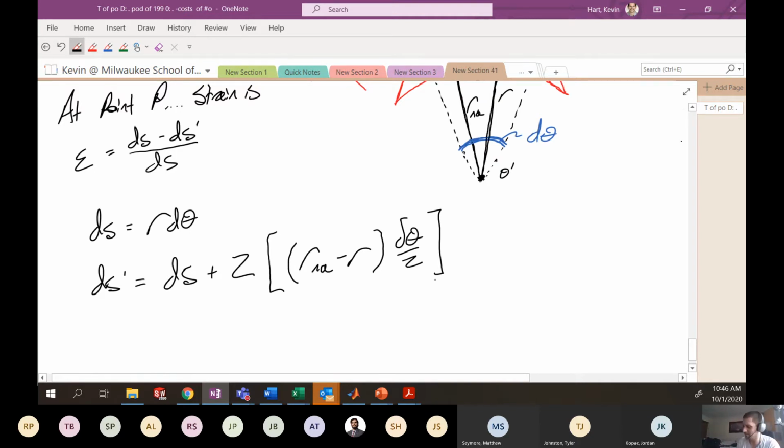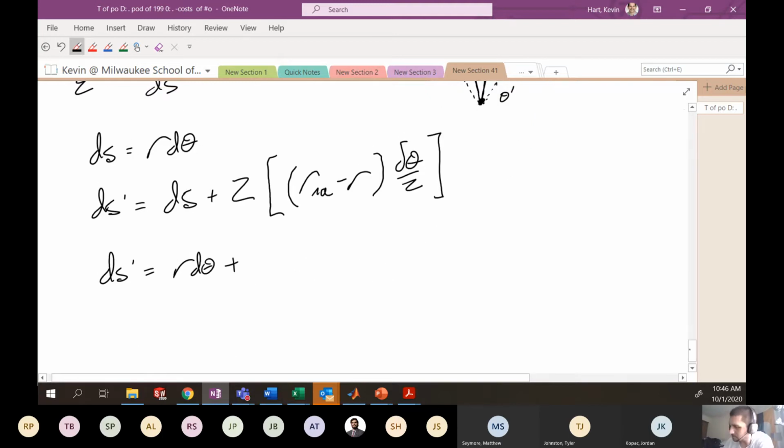Complicated. Good. All right. So ds prime, this is r d theta, just from ds, plus the 2's will cancel here and here, and you're left with RNA minus R delta theta on 2.